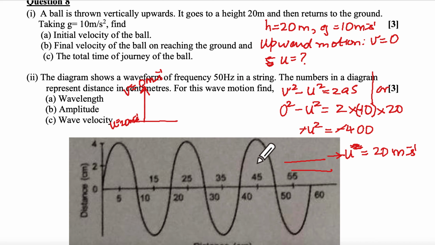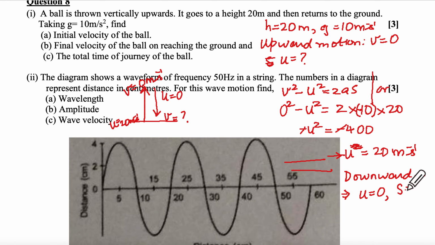Now for the downward journey, upward motion we have said, now you will say downward motion. Downward motion will have initial velocity as 0, correct? Downward motion means initial velocity will be 0 and they are saying final velocity will be how much?